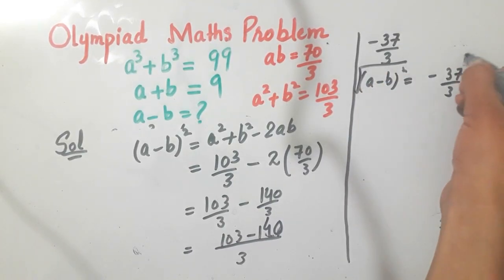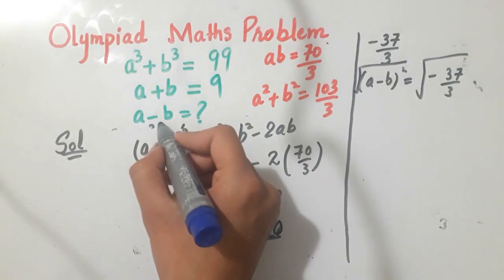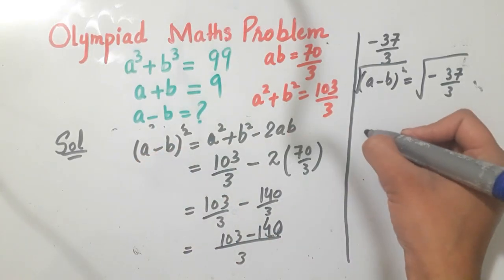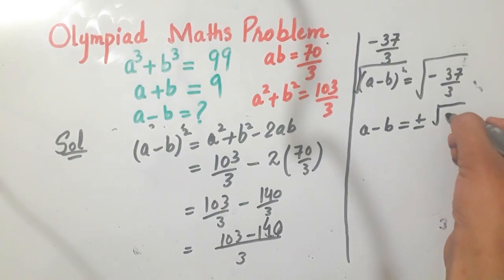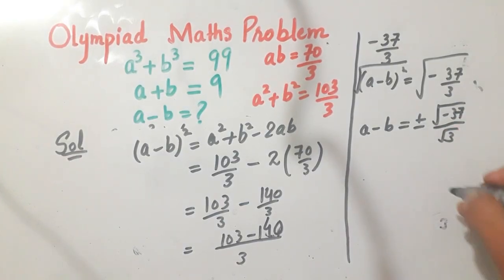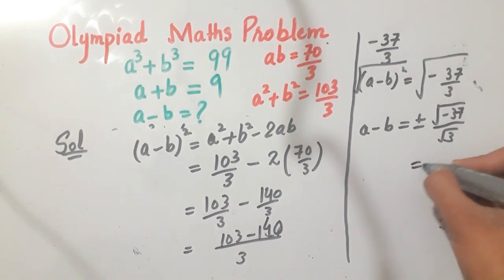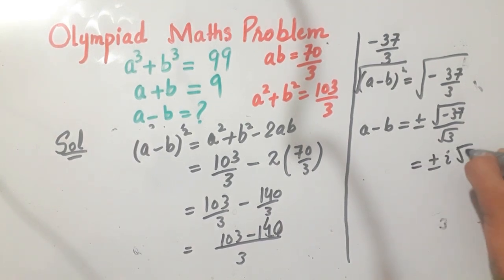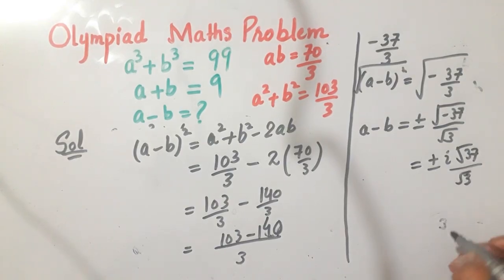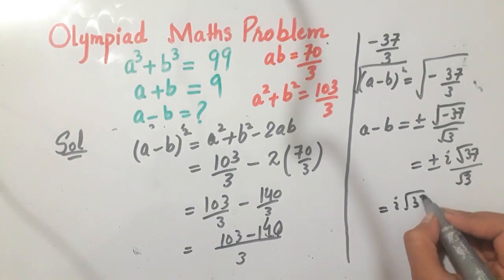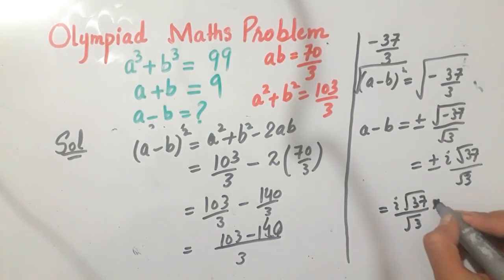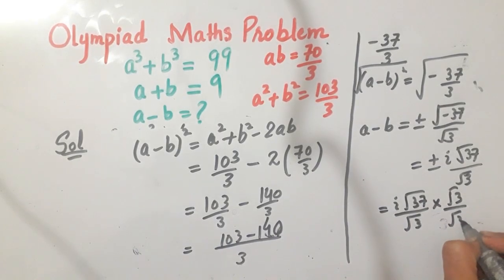Now taking the root on both sides, because in the question we have to find the value of just a minus b. So a minus b equals plus minus root of minus 37 by root of 3. Now minus 1 equals iota, so plus minus iota root of 37 divided by root 3. Now we will rationalize this. So iota root 37 by root 3 is multiplied and divided by root 3.